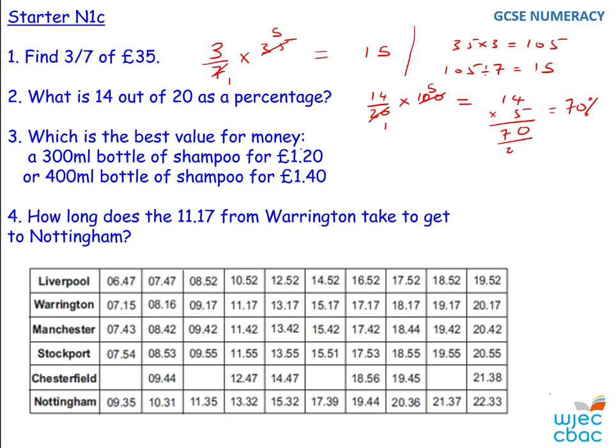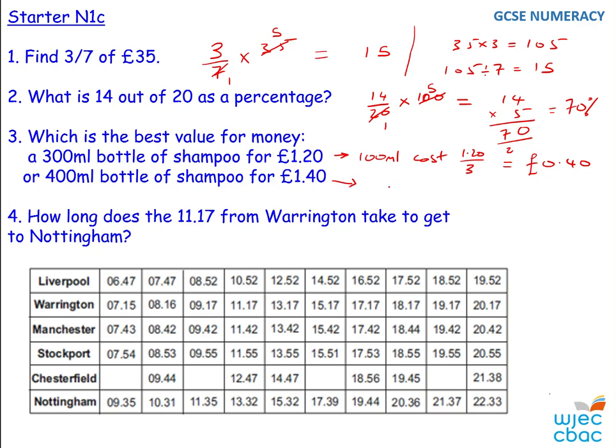So if I make them 100 mil, that means 100 mil will cost £1.20 divided by 3, because to get 100 mil I divide by 3. So £1.20 divided by, write it as a fraction, 3 gives me 0.40 or 40 pence. Here, to get 100 mil, I divide by 4.